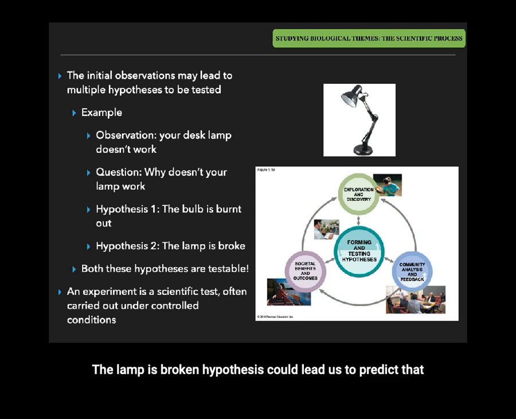The lamp is broken hypothesis could lead us to predict that even changing the bulb, the lamp wouldn't turn on.